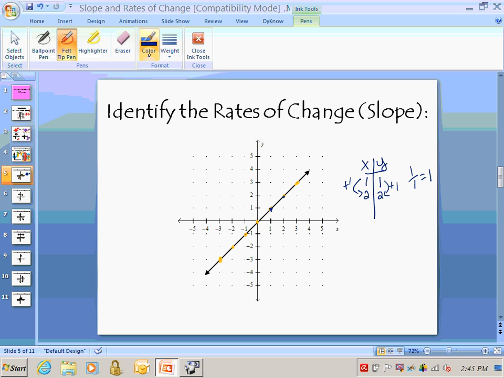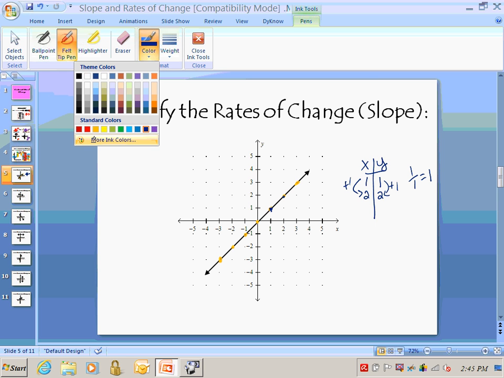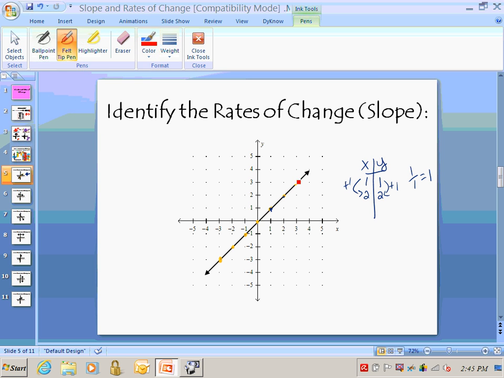Or what we can do is do rise over run. So from this point to this point, I'm going up 1, run 1. So 1 over 1. So my rise is 1, my run is 1. Now, let's say you skipped 1, and we went from this point to this point.